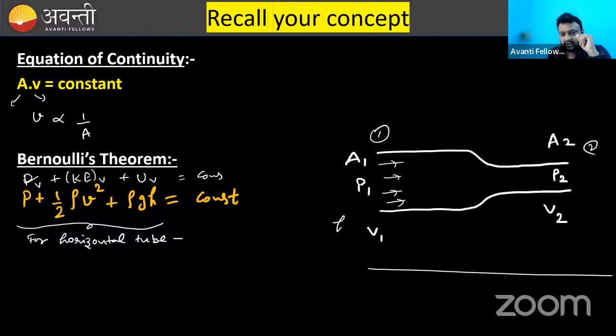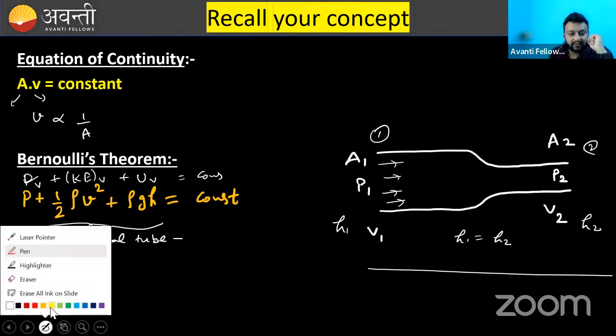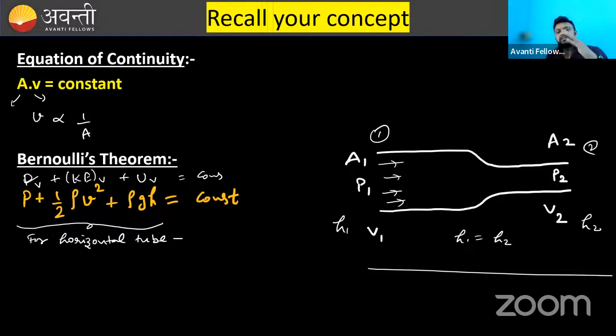This height is h1, this height is h2, but h1 equals h2. So this is the case of a horizontal tube. In this case, the potential energy term vanishes. There is no need to put the potential energy term. So what will happen? P plus half rho v square is a constant.